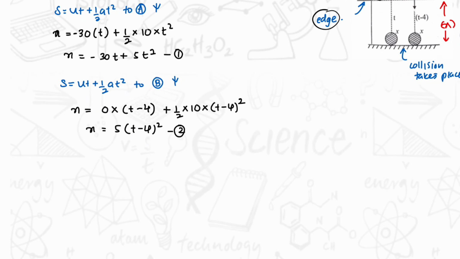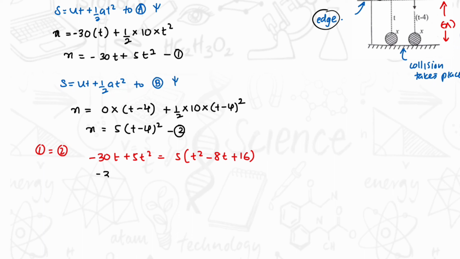In order to solve this, let's equate the first equation and the second equation. Then we get minus 30t plus 5t square is equal to 5. Let's expand this term. We get t square minus 8t plus 16.